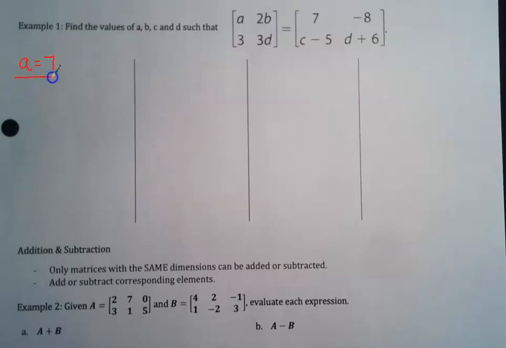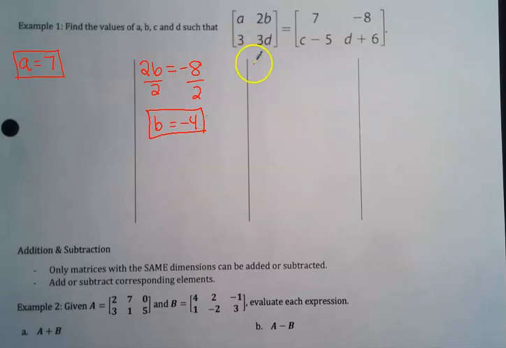That one was easy enough. We're done. Okay, B, we have 2B equals, what was it again? -8 is its corresponding one. So how would we solve for B? Perfect. We divide by 2, and we get B equals -4. Very nice work.